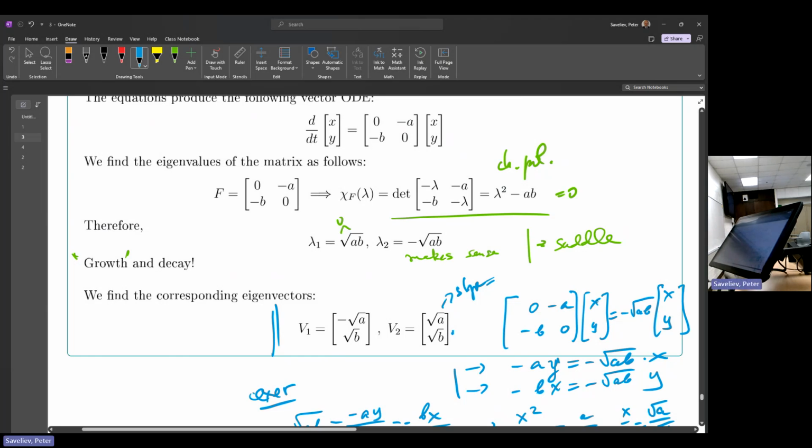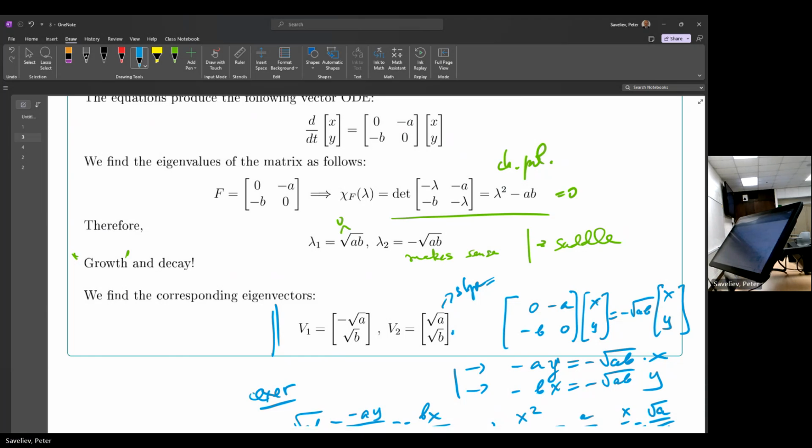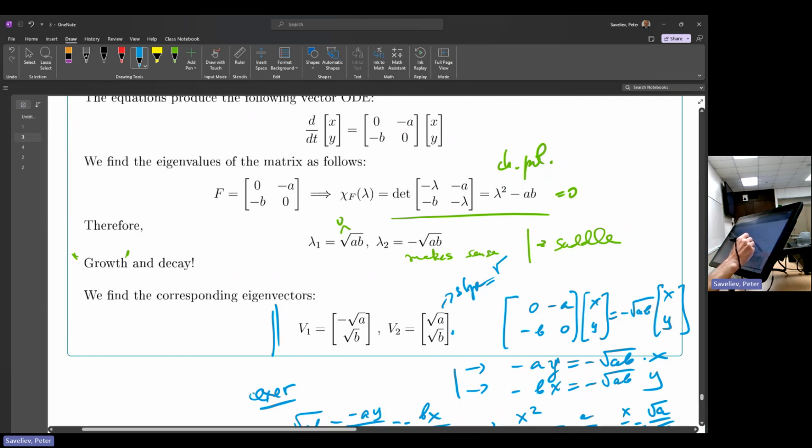How do we find the slope of a vector? Square root of b over square root of a. Or in other words, b over a under a square root, whichever you prefer.